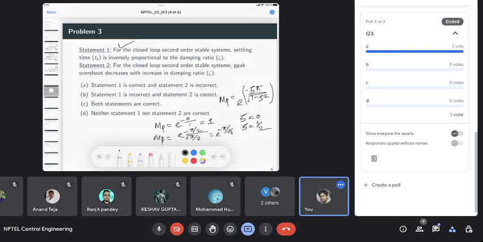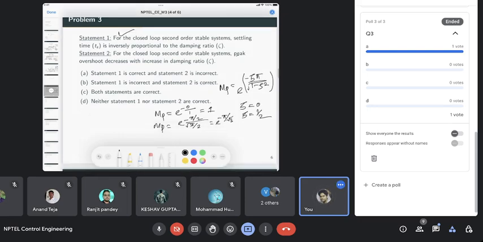Again, you can take one more value, zeta equal to 1, which is the extreme value. It will be e to the power minus infinity, almost like 1 divided by 0. That is the limiting sense, you cannot write it directly, but it is almost 0 as zeta goes to 1. So its value is decreasing.